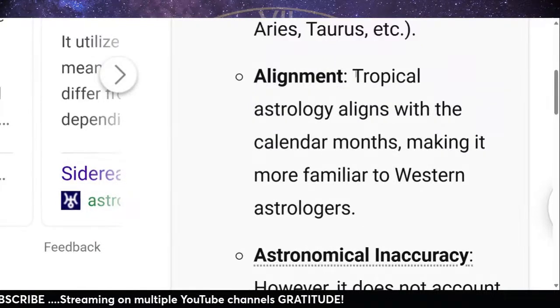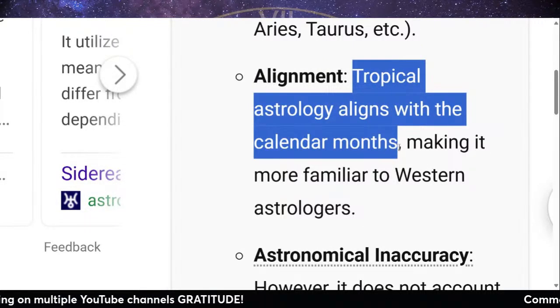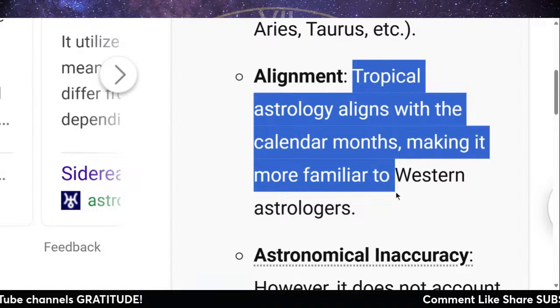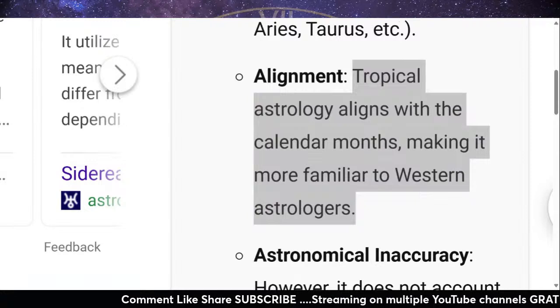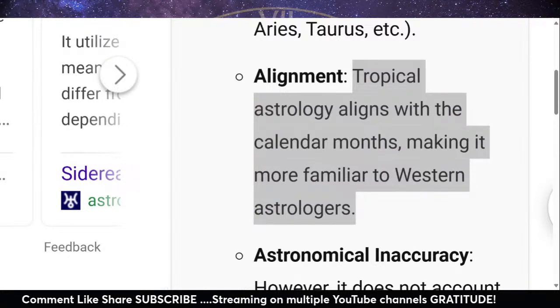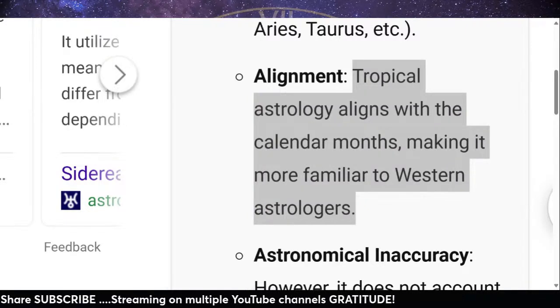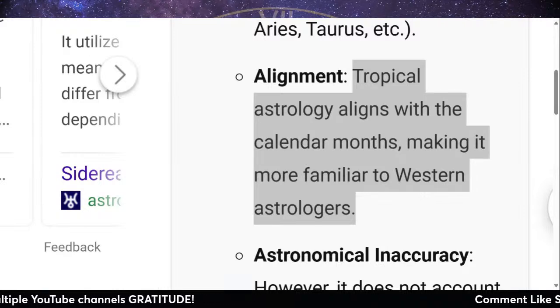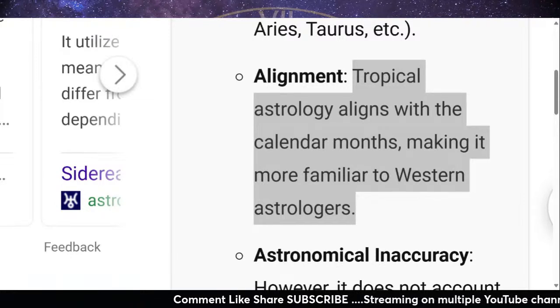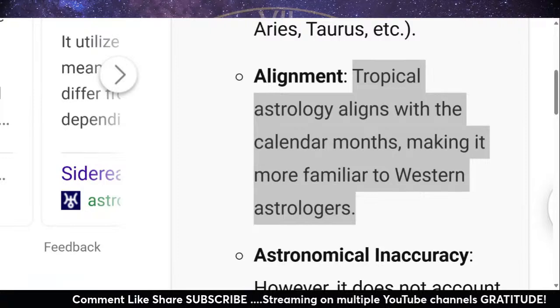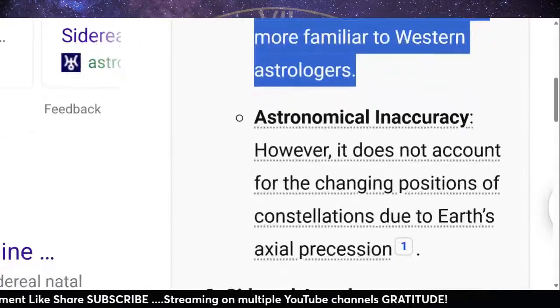Alignment: tropical astrology aligns with the calendar months, making it more familiar to Western astrologers. As I pointed out, there are different types of astrology, and this tropical is familiar mostly to Western astrologers, followers of Western astrology, however you want to look at it.